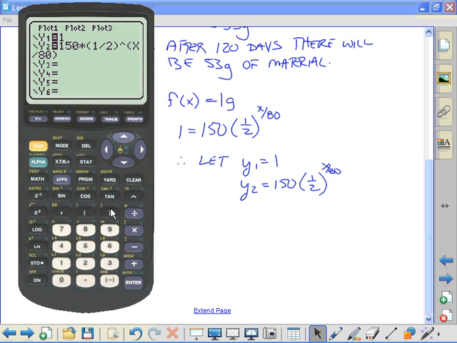Okay, the window. I know that the y value is going to be only going up to 1, so I'm going to change the min to 0 and 1 just because it's really small values. How much time is it going to take? Well, in the previous question, 120 days, it went 53 grams, so it went down a third. So let's start with 100 years and see what happens here.